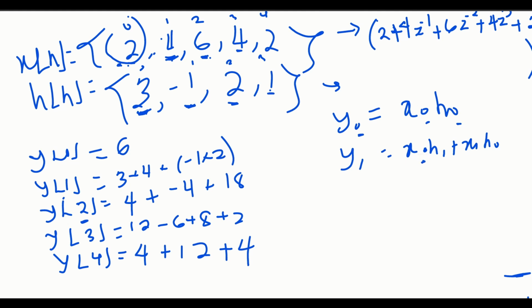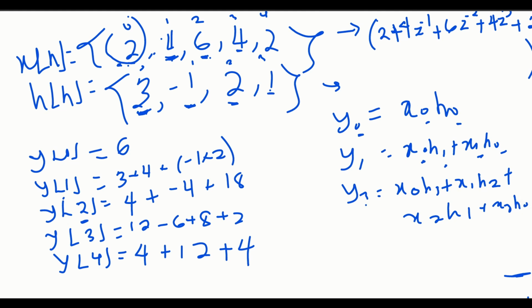Again, make sure that the sum is 1: 0 plus 1 is 1, 1 plus 0 is 1. Then the only way you can get y of 3 is either x of 0, h of 3, or x of 1, h of 2, or x of 2, h of 1, or x of 3, h of 0, right? So always make sure 0 plus 3 is 3, 1 plus 2 is 3, 2 plus 1 is 3, 3 plus 0 is 3. Always make sure of that.